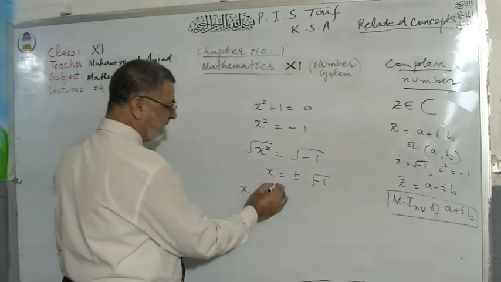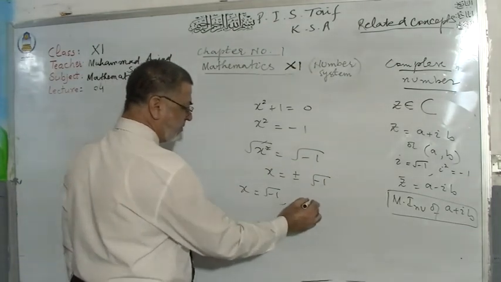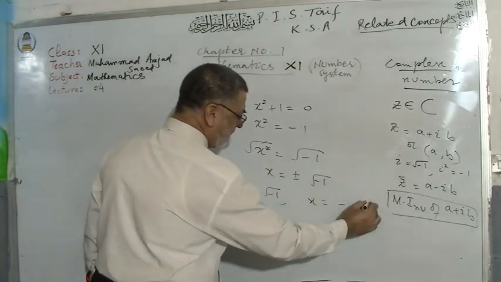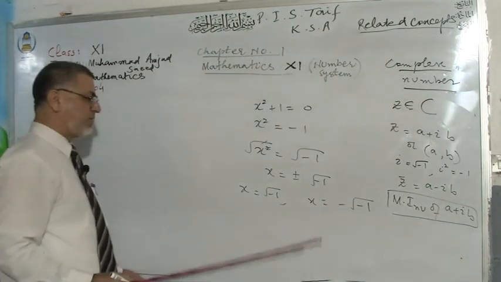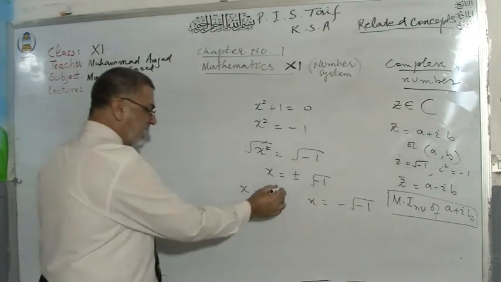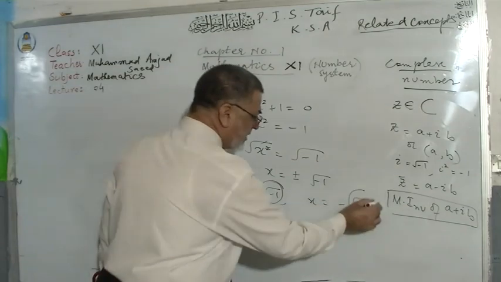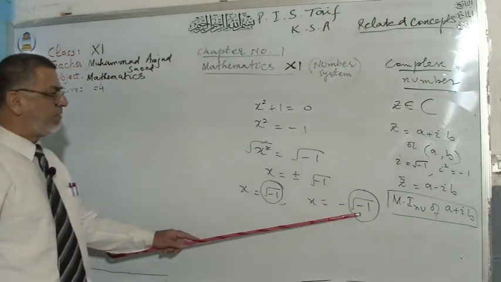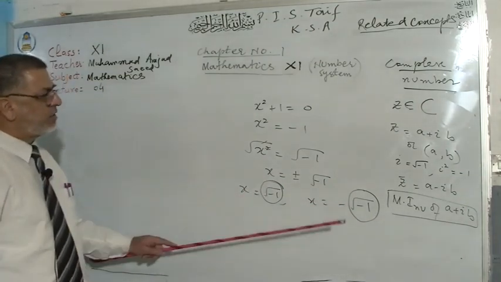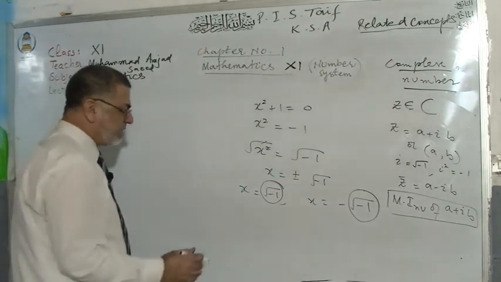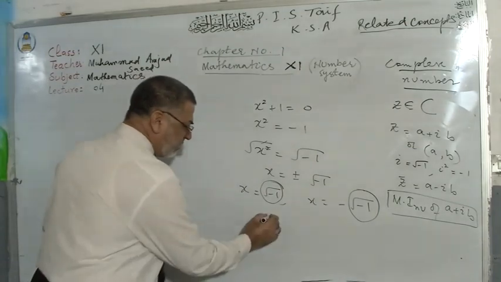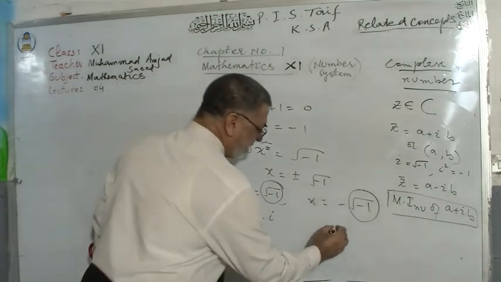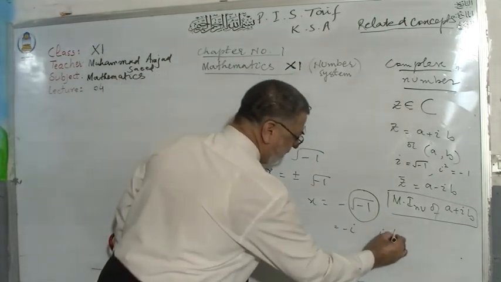You will have x is equal to minus 1 under root and x is equal to minus, minus 1 under root. This minus 1 under root does not have any real value. So in your calculator it will give you the math error. So that's why it is an imaginary number and it is denoted by iota, I-O-T-A.